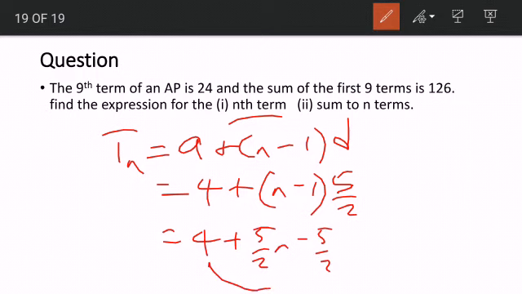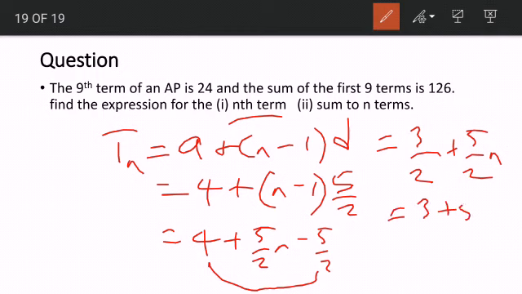So we can subtract 4 minus 5 over 2 here, and if we find the LCM, that's going to give us 3 over 2, plus 5 over 2 n. Or if we like, we can say the final answer is 3 plus 5n all over 2. That's the nth term of the AP.